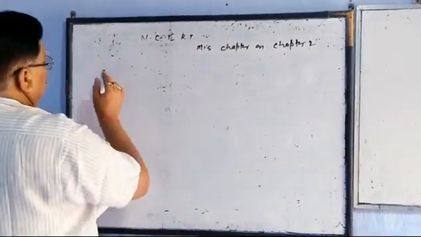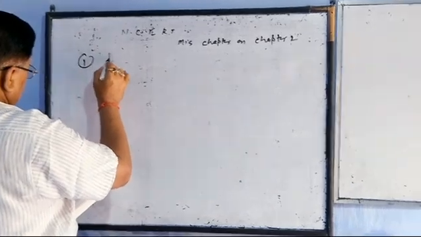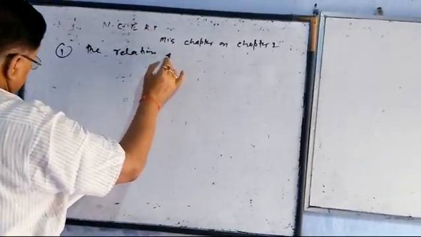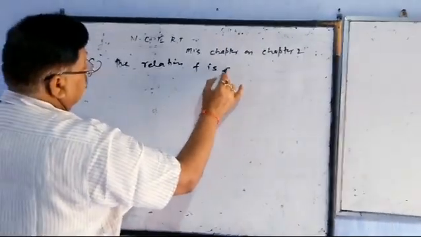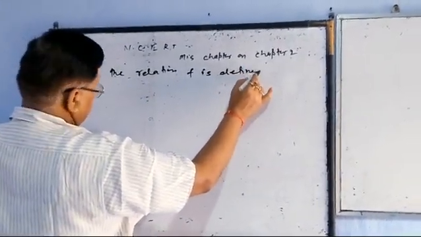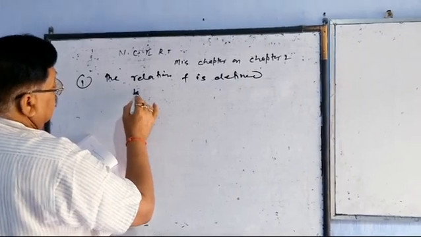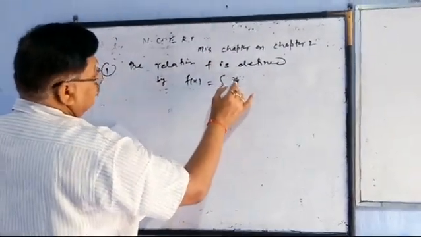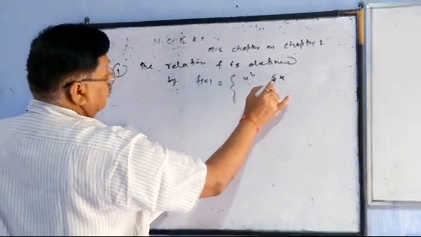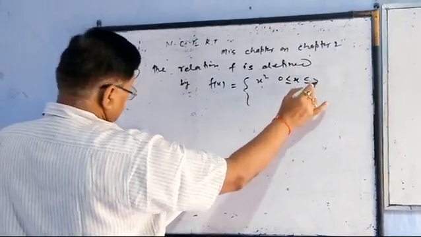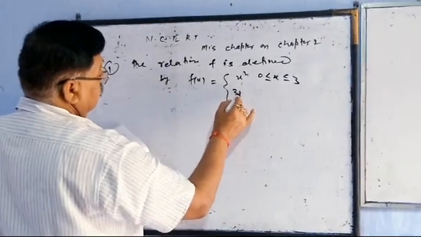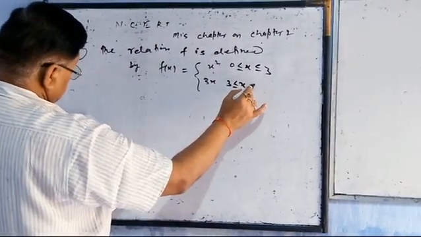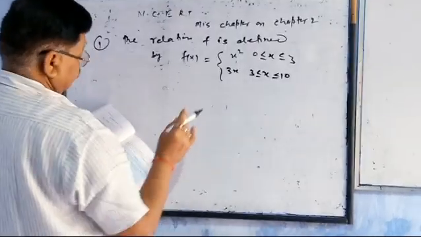First question: the relation f is defined by f(x) = x square, x greater than or equal to 0 and less than or equal to 3, and 3x, x greater than or equal to 3 and less than or equal to 10.